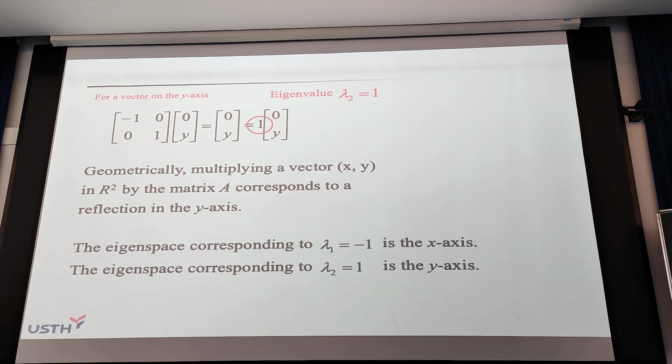The eigenspace corresponding to lambda 1 will be the x-axis and the eigenspace corresponding to lambda 2 is the y-axis. On the x-axis it is multiplied by minus 1, but on the y-axis nothing changes, because if you take a point there and reflect it, nothing changes because it is lying on the axis.